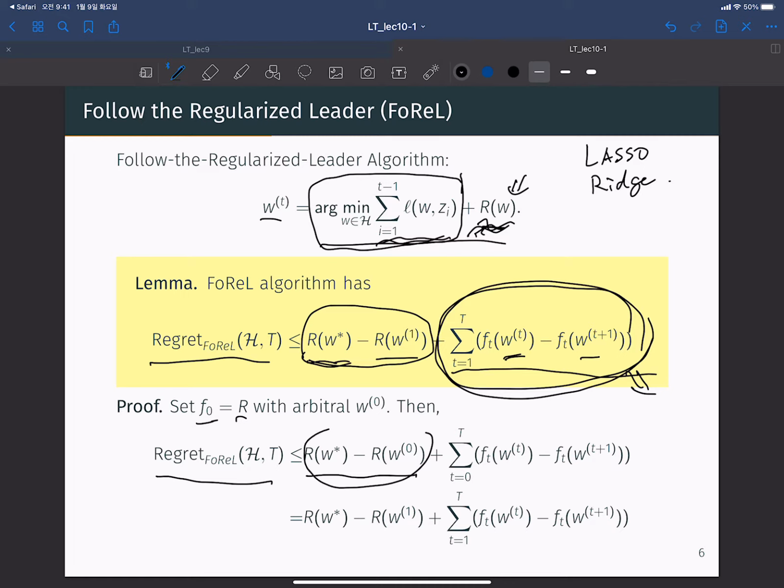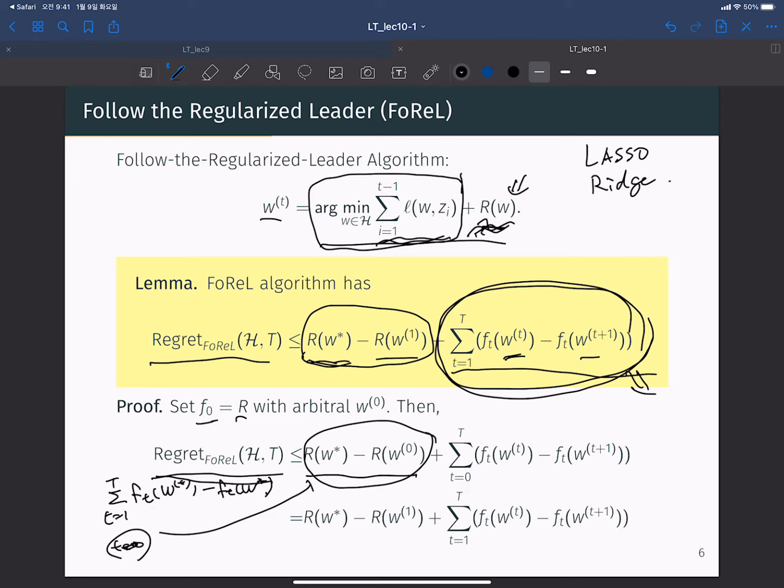Why do we have this term? The regret from the definition is simply the sum from t=1 to capital T of f_t(w_t) minus f_t(w*). So there is no room for R(w*) minus R(w_0).